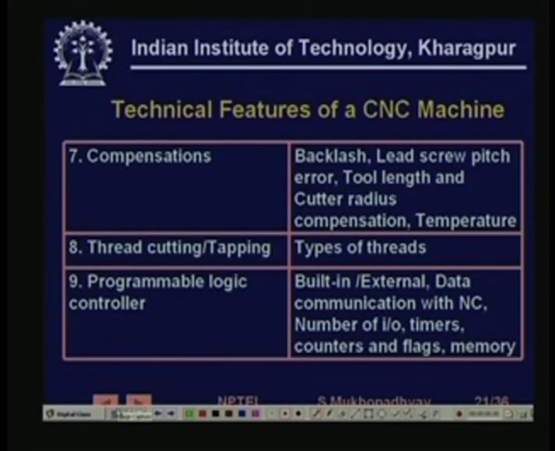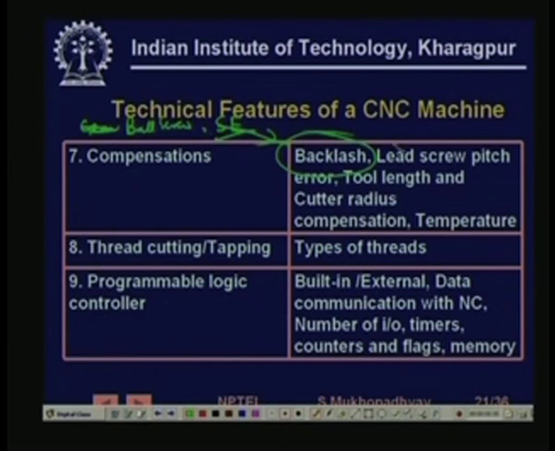For example, there can be backlash in the gear, or in the ball screw, and it can also be in the shaft angle encoder.